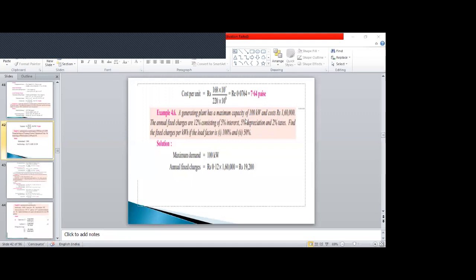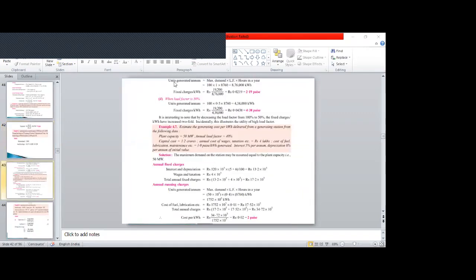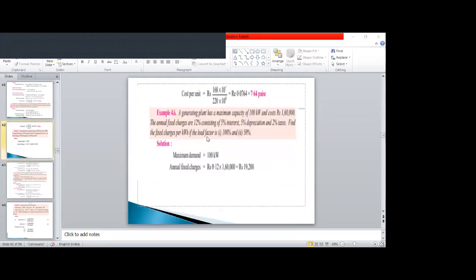Next. So we have this equation: units generated per annum equal to maximum demand into load factor into hours in a year. Since the load factor is given and it is for an annual period, we have to consider it as the annual load factor.